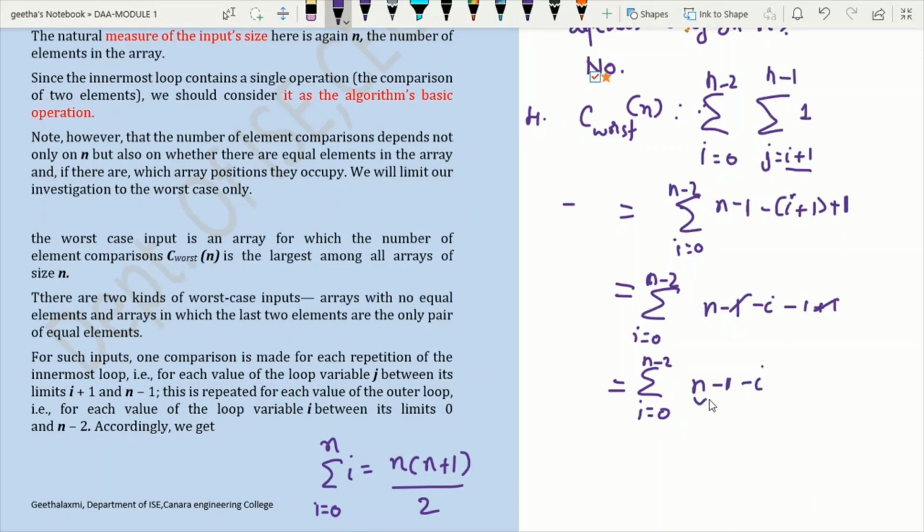Now this portion is not dependent on i, whereas this portion is dependent on i. So let us split it: summation i equal to 0 to n minus 2 of n minus 1, minus summation i equal to 0 to n minus 2 of i.